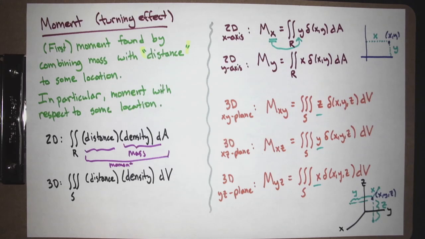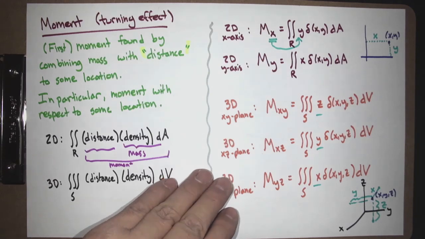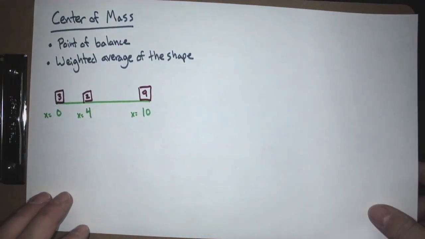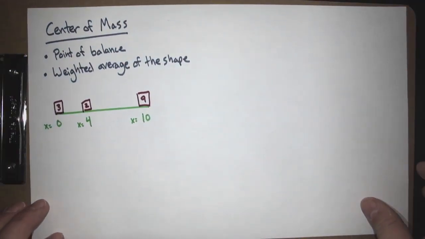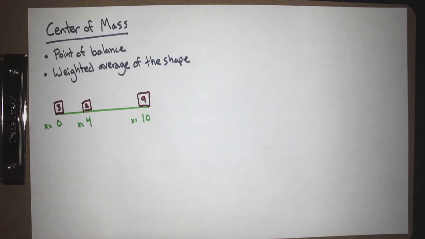Now, how do we often use moments? Well, our main way we use moments is doing center of mass. So we're going to talk about center of mass for a few minutes. There's a couple of ways to think about center of mass. It's a balancing point.